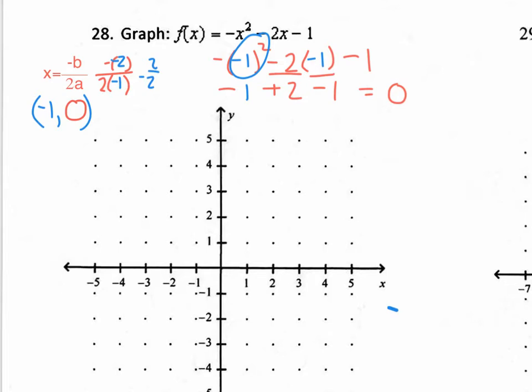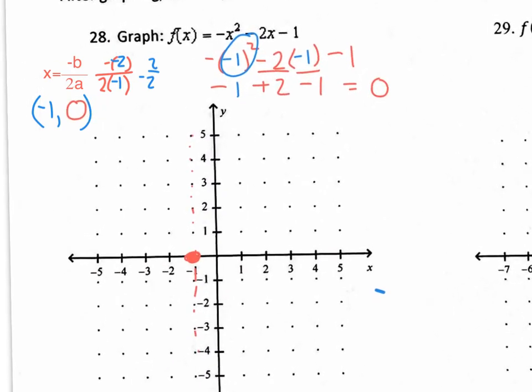Let's go to negative 1, 0, and let's put a dot right there. There's negative 1, 0. Let me make it bigger. And let me draw my axis of symmetry right through that value. Okay. What do I do now?